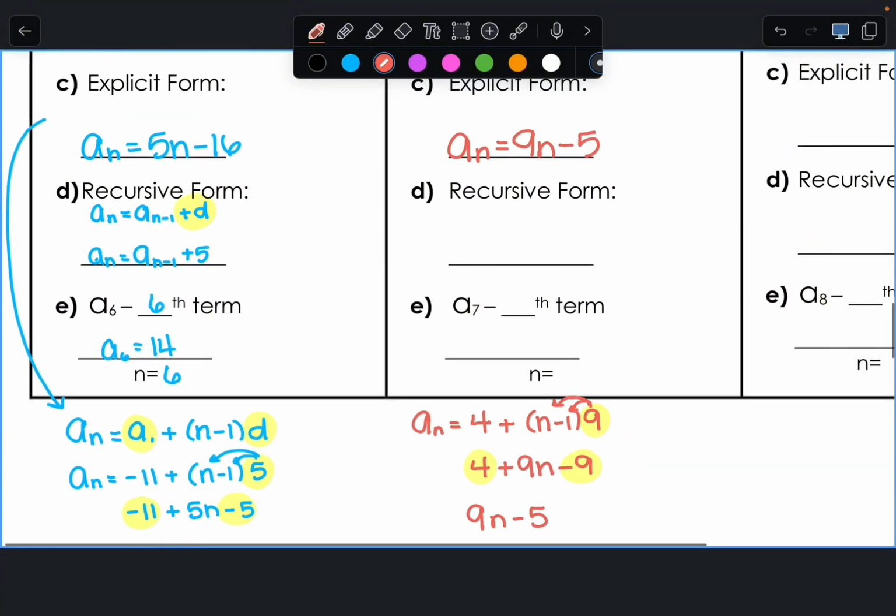To write this equation in recursive form, a sub n equals a sub n minus 1. Then what? Yep, plus 9, your common difference.